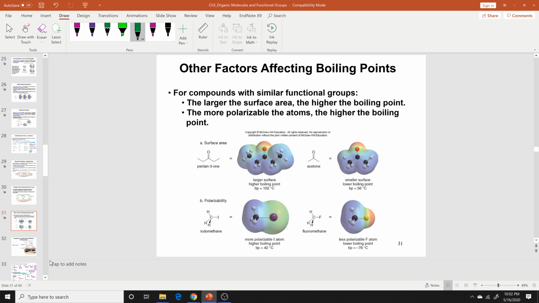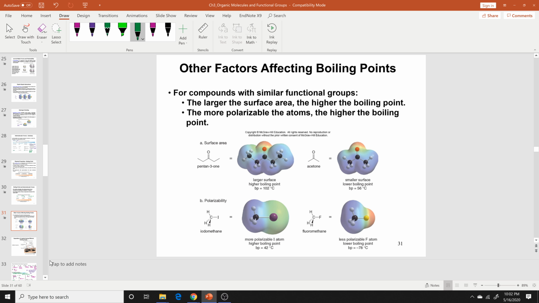The halogen over here, iodine, is bigger, so the electronic cloud around the iodine will occupy a larger surface area, and the valence electrons will be loosely held in this case.